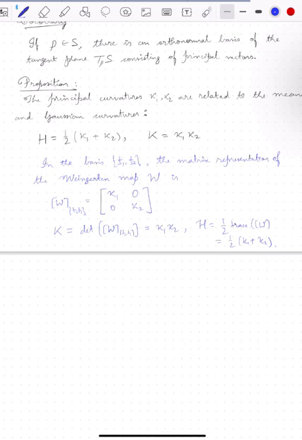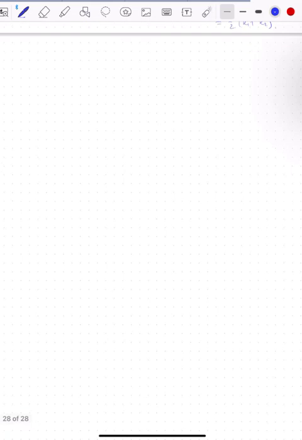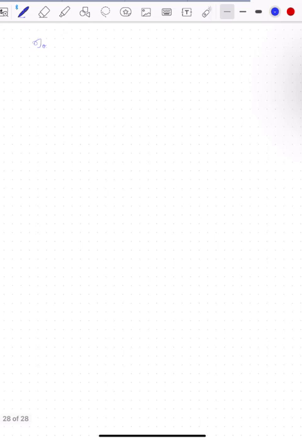Now say, in general, how do we determine the principal curvatures, right? So let's try to devise an approach.